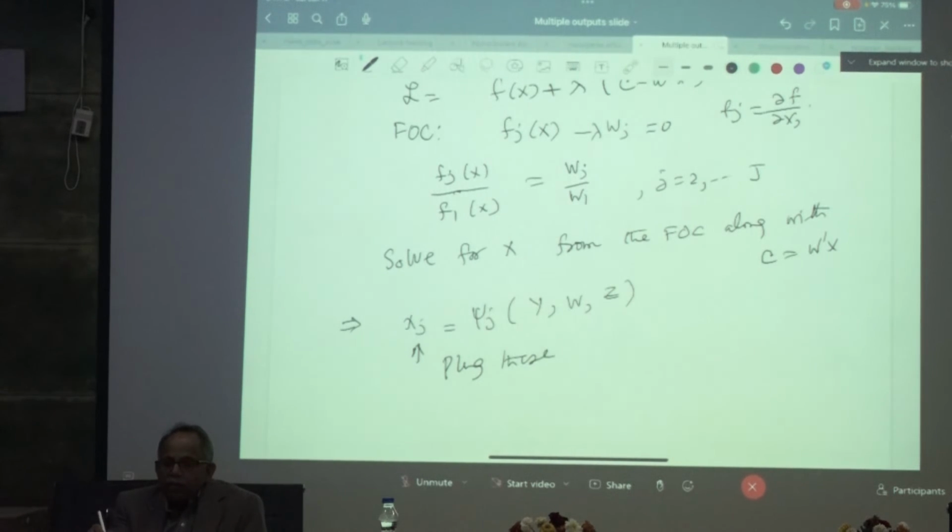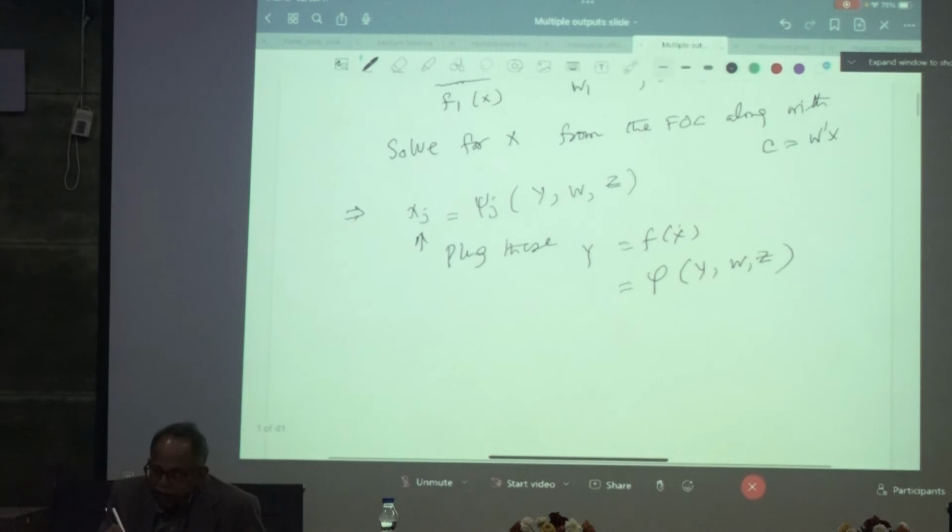And then you plug this input demand function into the production function. So you have y equal to f of x, right? And you are replacing x by these, so each of these x is a function of this. So in general, that is going to be some function of y, w, and z, because each of these x's is a function of those variables. Taking all of them together, that's a function of the same variables.